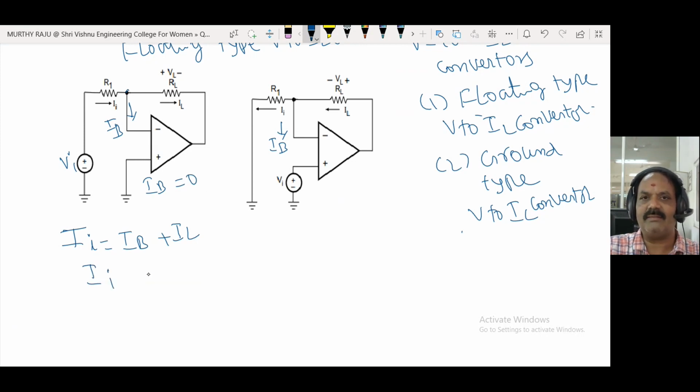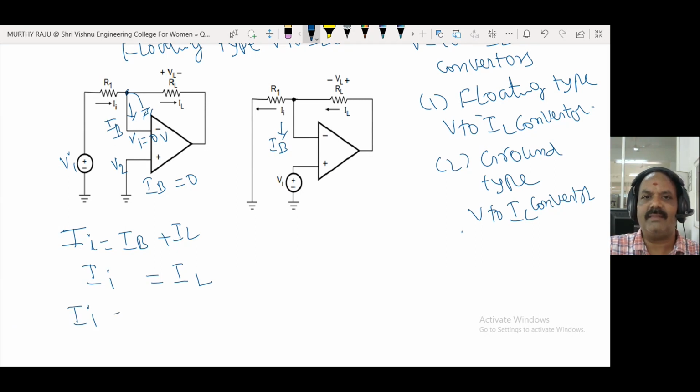Therefore, IA is equal to IN. Here, this is V1. This one is V2. V2 is connected to 0 volts. According to the virtual ground concept, V1 is also at 0 volts. That means this is connected to ground.